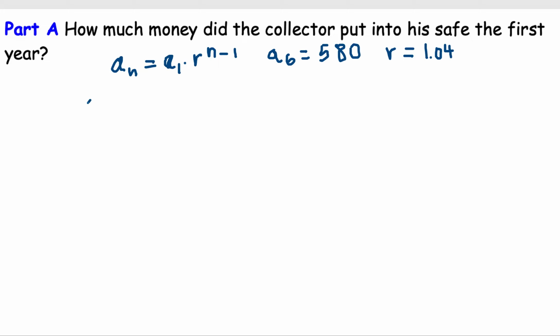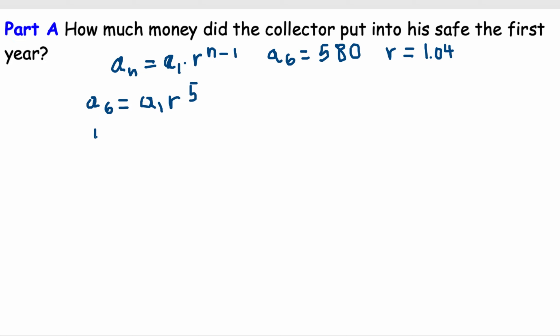And now we are looking to solve this problem. This is A6, and it is equal to A1 times r in exponent n, which is 6 minus 1, a 5. So now we have all the known factors, so we are going to substitute in the real values.